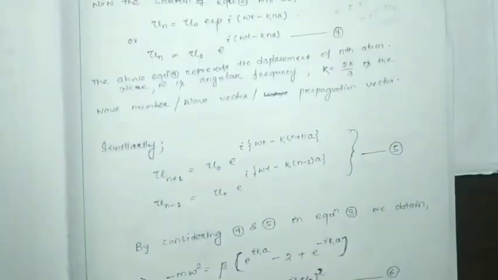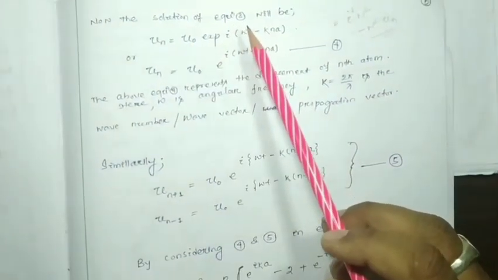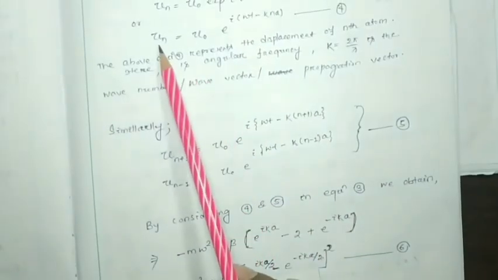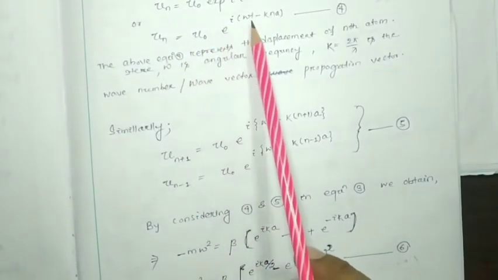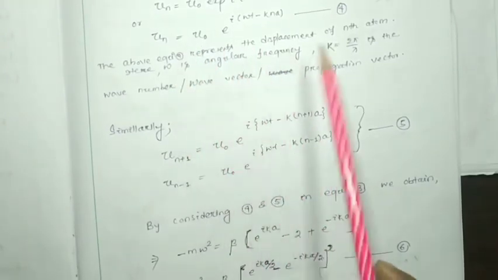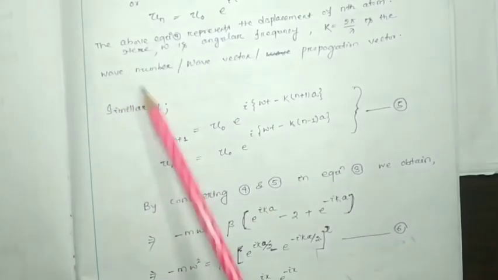Now if we solve the last equation, the solution of equation number 3 will be in the form of this one. Here u n equal to u0 e to the i omega t minus k n a, where omega is the angular frequency and k is the wave vector, or wave number, or propagation vector.